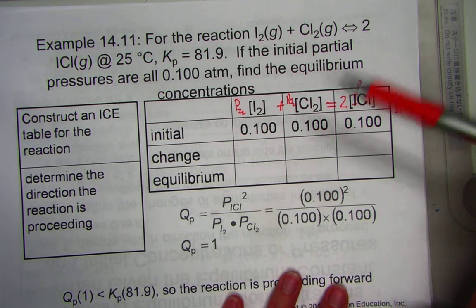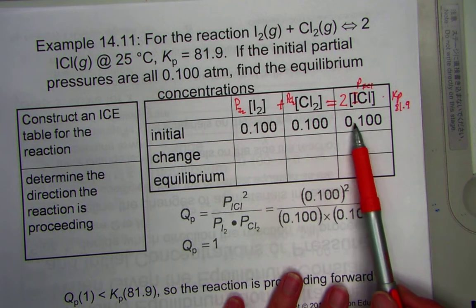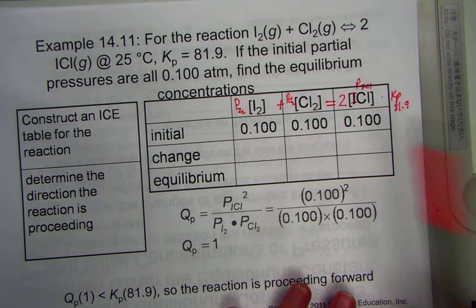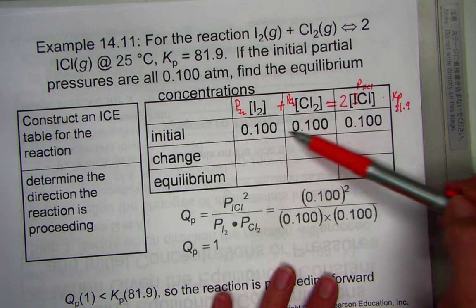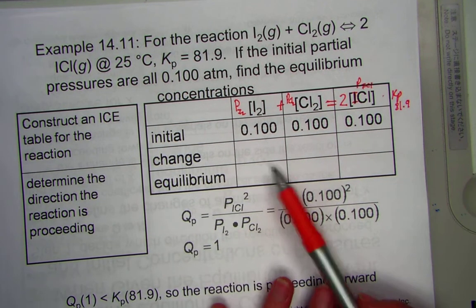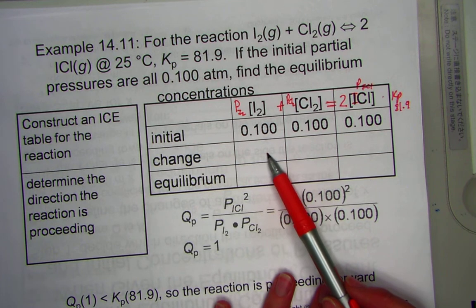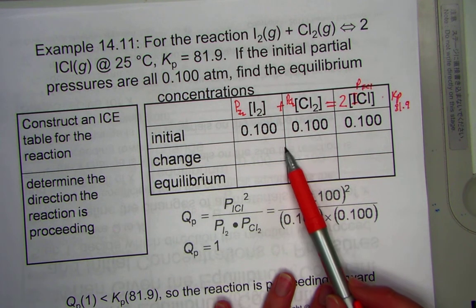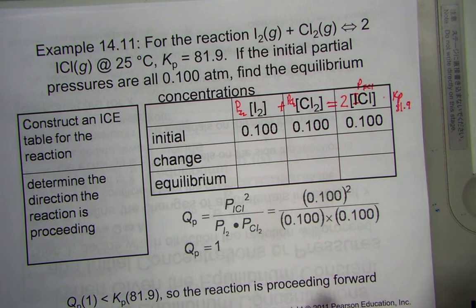First, because we're given concentrations or pressures for both reactants and products, we have to decide: are we heading to the right or to the left? The reason I need to know that is, if it's heading to the left, products are going to be consumed. If it's heading to the right, reactants are being consumed.